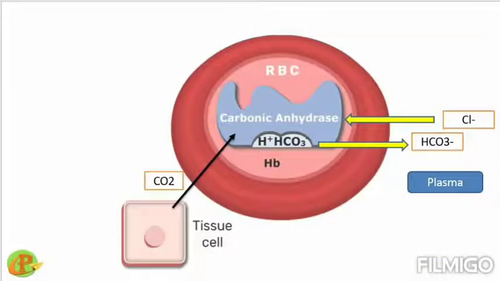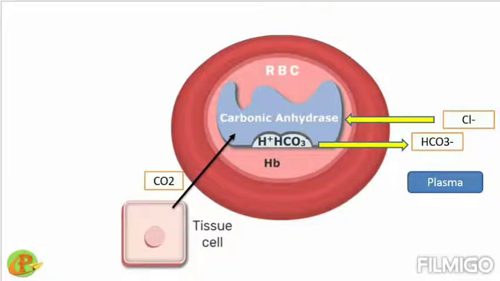As you can see in the picture, from the tissue, carbon dioxide is entering into the RBC, where carbonic anhydrase enzyme is present, that is breaking the carbon dioxide into bicarbonate ion and H+. That H+ is remaining inside the RBC, but the HCO3 ion is coming out to the plasma, and at the same time the chloride ion is entering into the RBC.